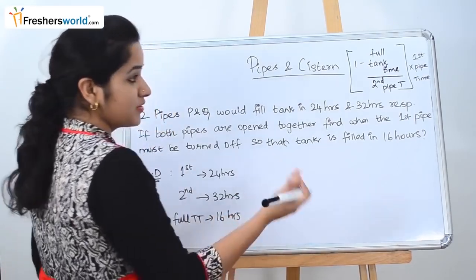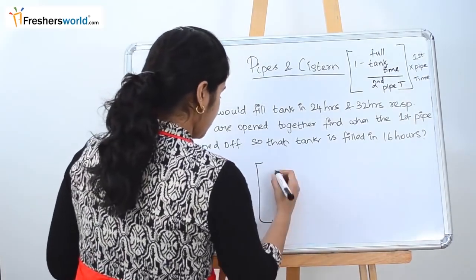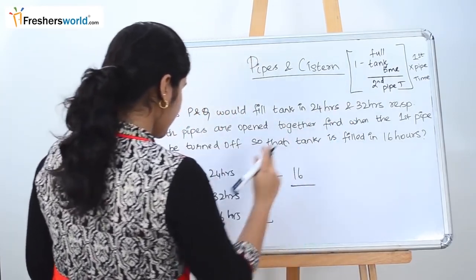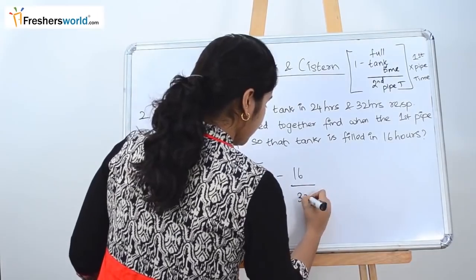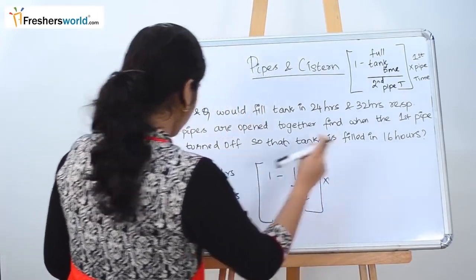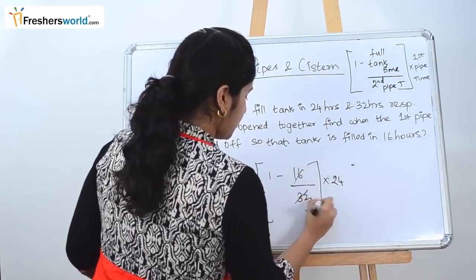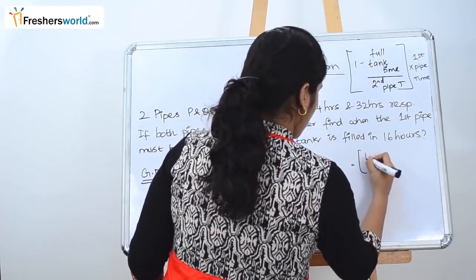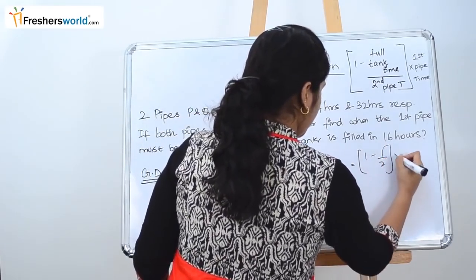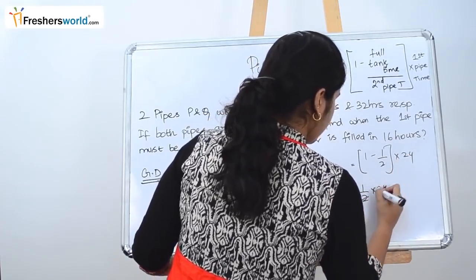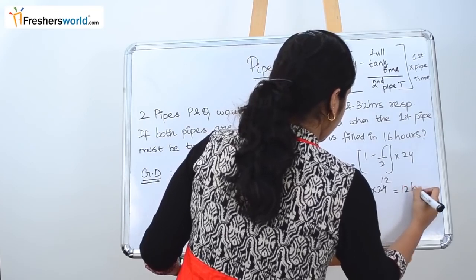So let's now substitute it in the formula. 1 minus full tank time, which is 16, divided by second pipe time, which is 32, into first pipe time, which is 24. 16 by 32 goes to 1 by 2. So 1 minus 1 by 2 into 24, which is 1 by 2 into 24, goes 12 times, so 12 hours.